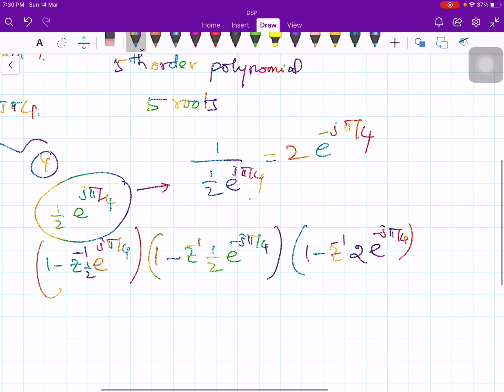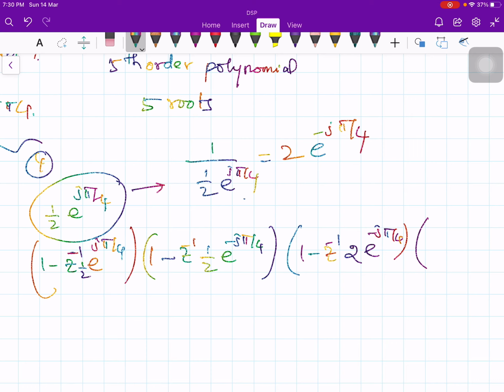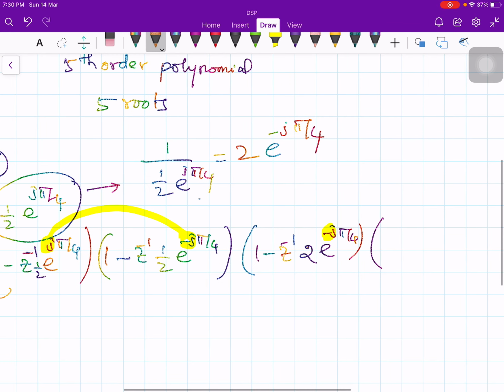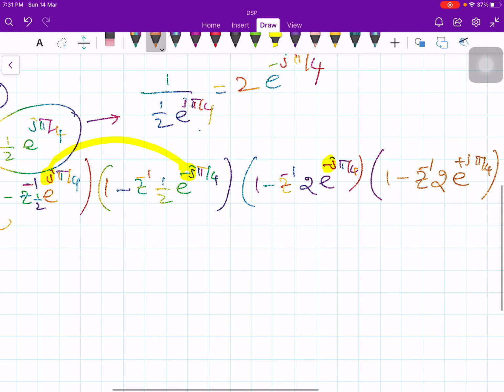And then again, see, if I have a plus j, then I will be having minus j. Here I have minus j, then I must have plus j. So 1 minus z inverse times 2 e to the plus j pi by 4. So these 4 factors I can write.